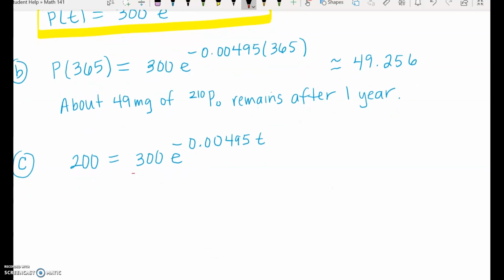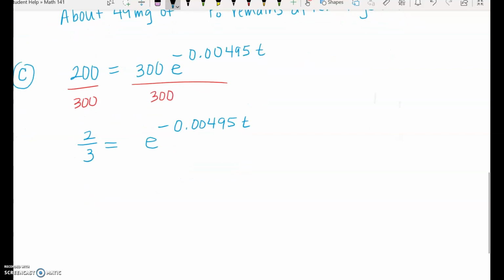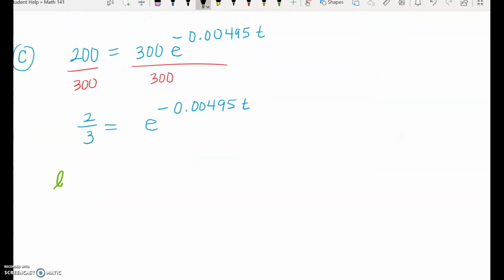So I will divide both sides by 300. And I have 2/3 equals e to the negative 0.00495 t. And then take the natural log of both sides again.